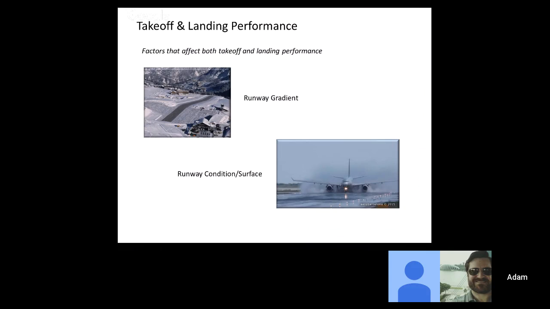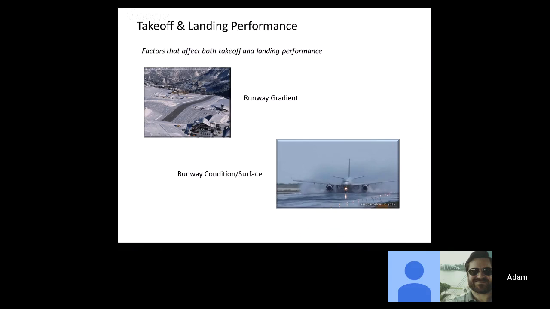And beyond density altitude, which we're going to get into in a minute, a couple other factors that pilots sometimes don't think about until they're faced with the situation are runway gradient and the condition or type of surface of the runway. These affect your aircraft takeoff performance very significantly, to the point where you will make non-traditional decisions based on your surface or gradient.